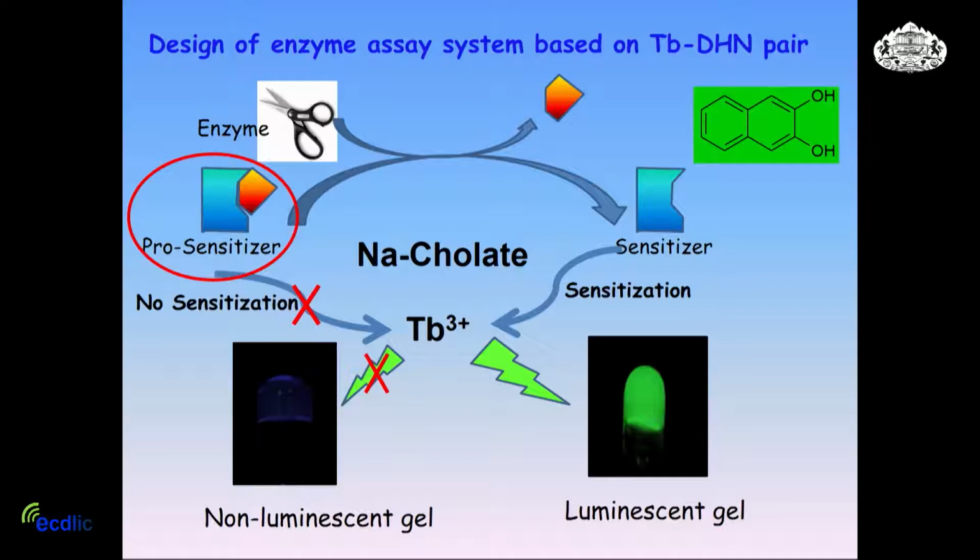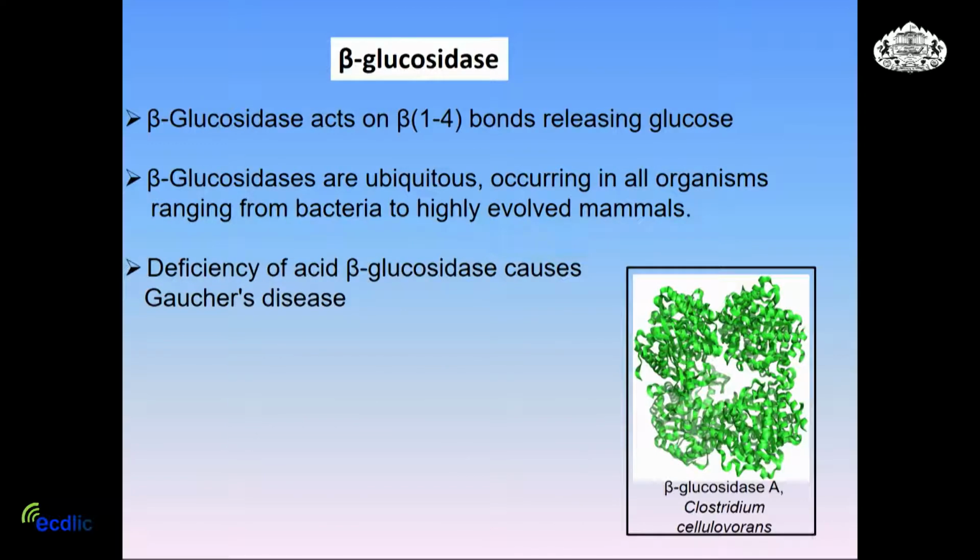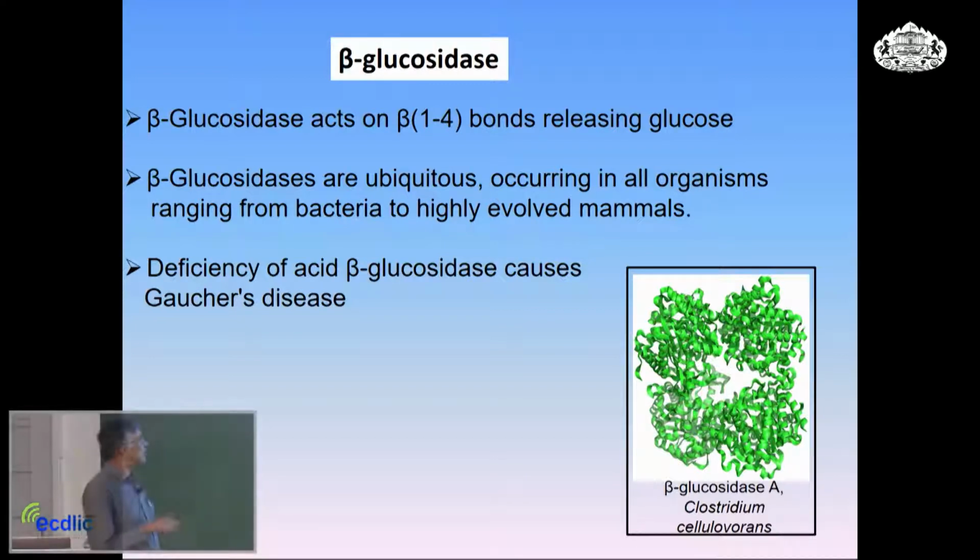So let me show you an enzyme called beta glucosidase. This is the crystal structure from the database, but the deficiency of certain kinds of beta glucosidase causes certain specific diseases. Again, these things are not very important at this time.